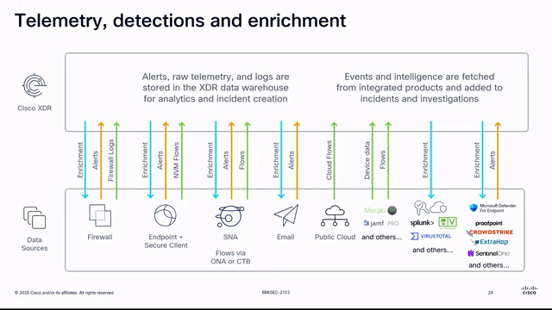So it's important to understand that if you pivot to an integration section in XDR, you should look at different types of intents that will allow you to understand which integration supports which type of telemetry and provides what kind of information. And what enrichment means here is that we can query at any point in time for additional information to run investigations manually, for example.